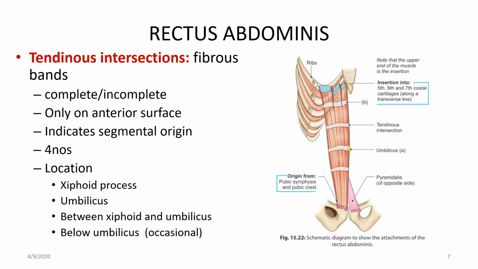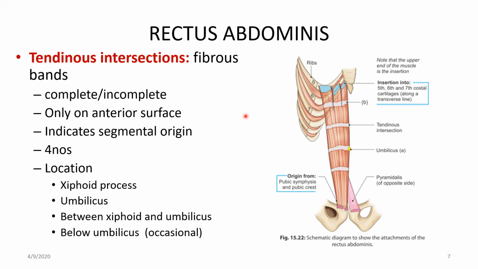Now, let us discuss the lines which you have seen on the anterior surface of the muscle. They are called the tendinous intersections. These are nothing but fibrous bands. These fibrous bands can be complete or incomplete, and they are seen only on the anterior surface of the rectus abdominis muscle.